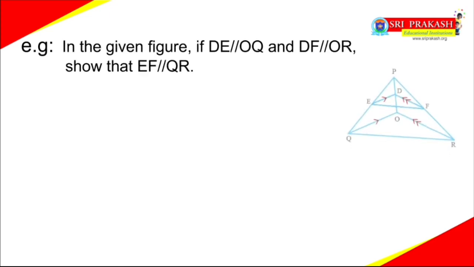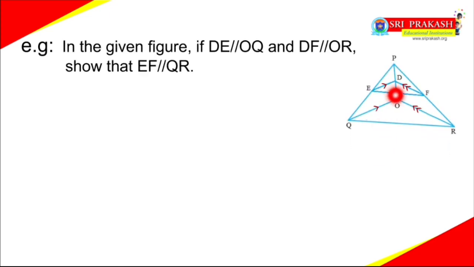Next, in the given figure, if DE is parallel to OQ and DF is parallel to OR, show that EF is parallel to QR. Children, this can be proved by using the BPT and converse of BPT. Let us start.